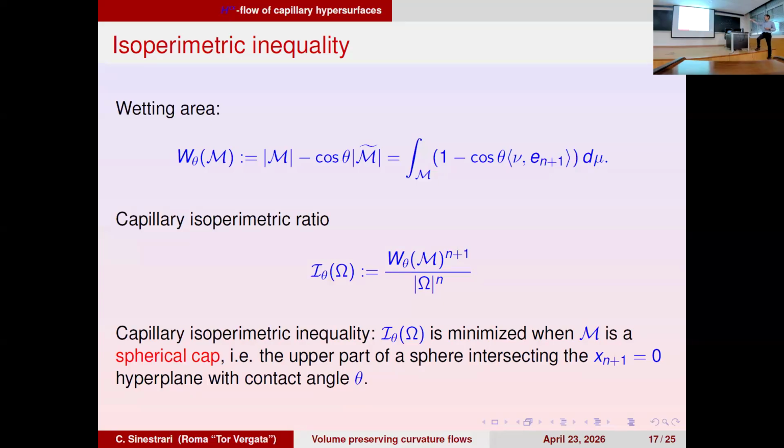This is minimized when the surface is completely spherical, so it's the intersection of a sphere with the upper half space.